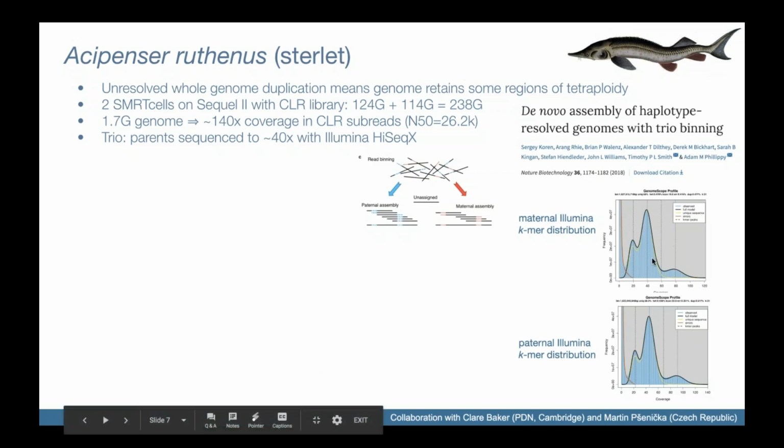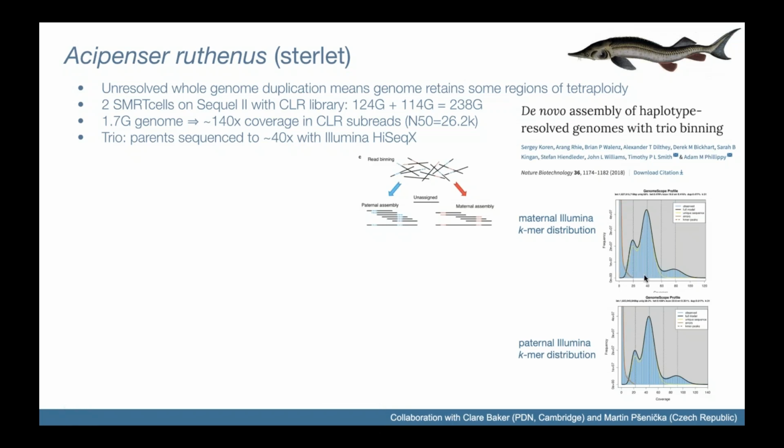So you can see in the distributions here on the right of the k-mer distributions, this first peak is the things which are single copy in one of the parents, so that means those are the hets essentially.